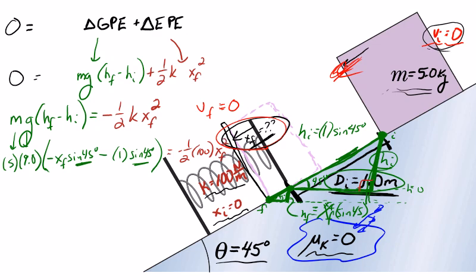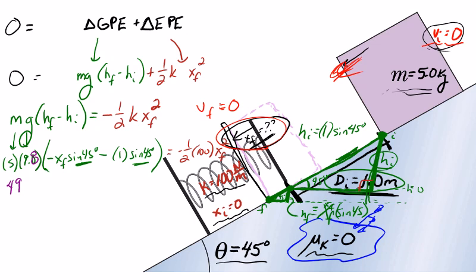So kind of simplifying some of these things, I'm just going to switch this over and let's draw this all in purple here. 5 times 9.8 is going to be 49. So I have a 49 times this quantity in here.